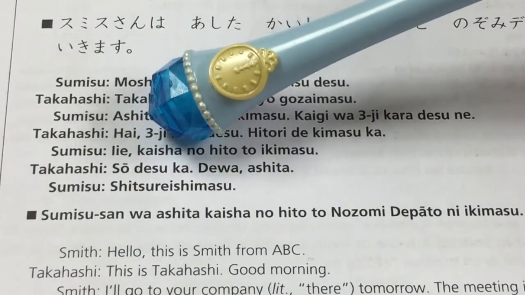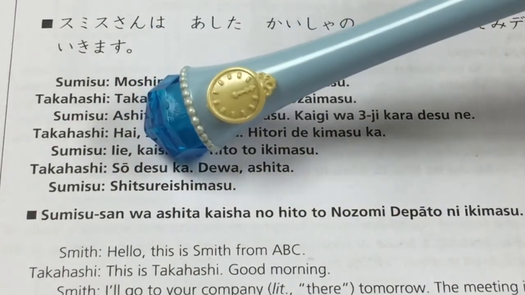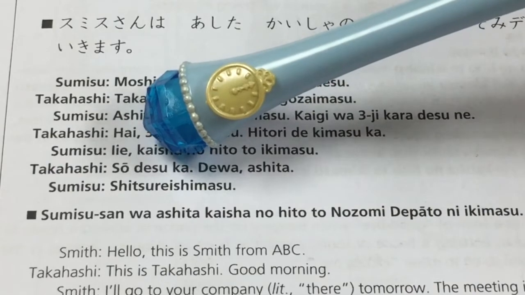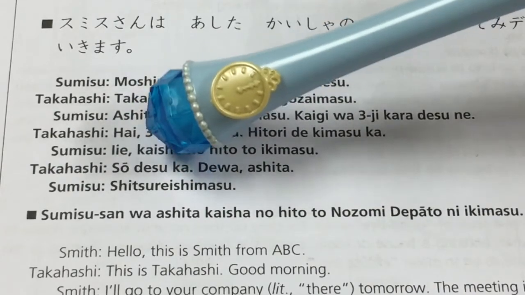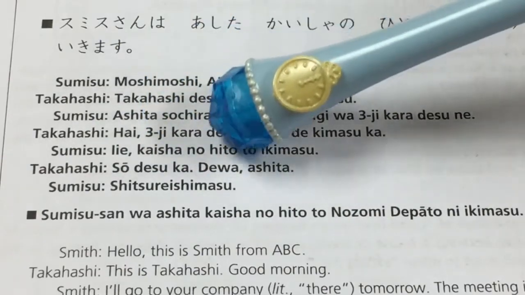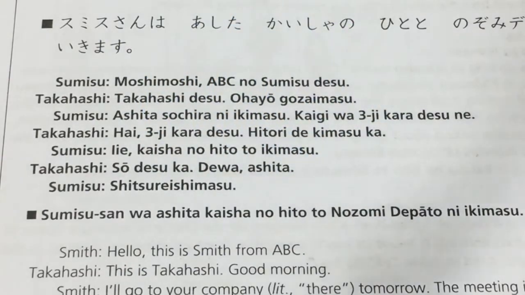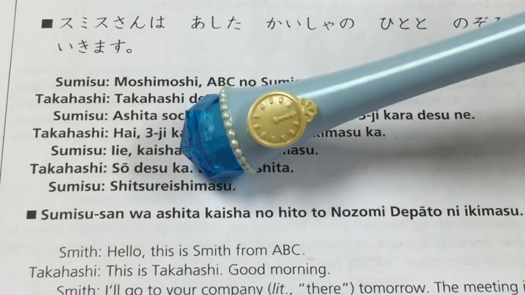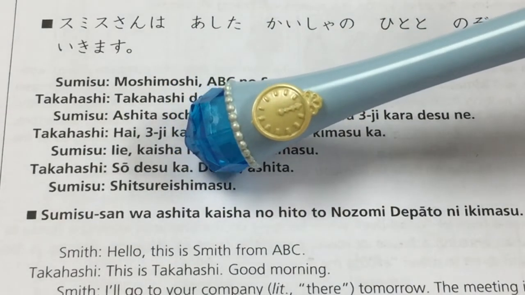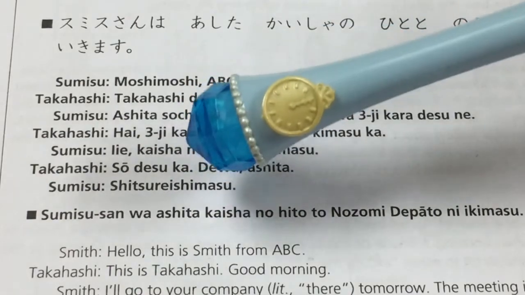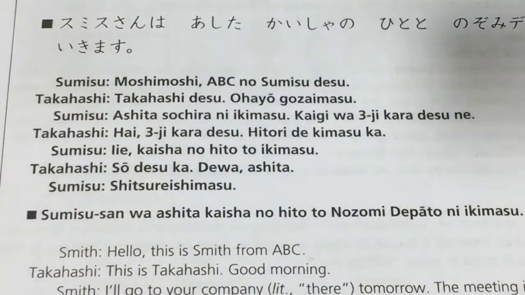I'm going with my colleague. そうですか. そうですか is used when you agree with somebody. Okay, like okay. では明日. See you tomorrow. 失礼します. Before you hang up the phone, you say 失礼します. It means like sorry that I'm disturbing you.